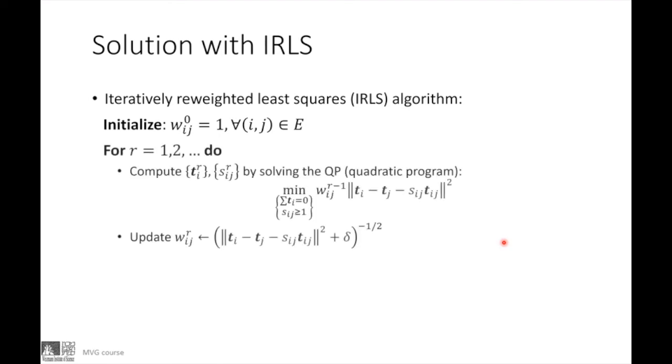Now we're going to minimize our cost function. The cost function was Ti minus Tj minus Sij Tij, but now we minimize it with a square norm and with the weights. So at the first step, the weights are 1, and we just minimize the squared norm of Ti minus Tj minus Sij Tij, etc.